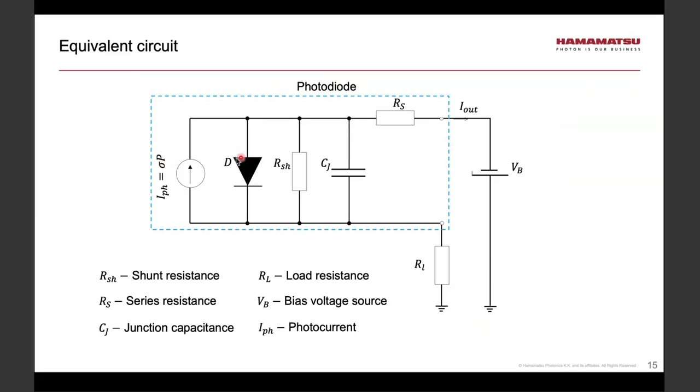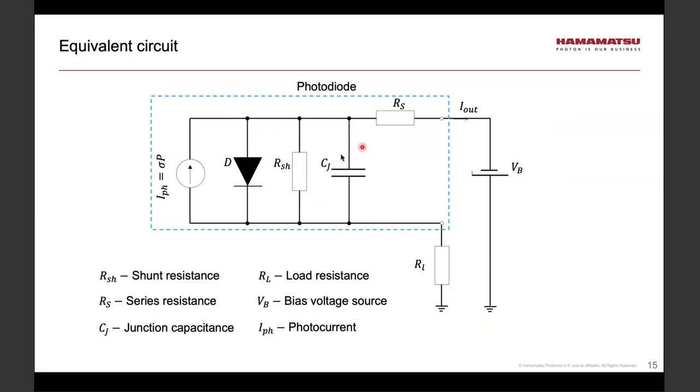D here represents the ideal diode described by Shockley equation. This is a shunt resistance, which represents resistance of the depletion region. The larger it is, the better it is. However, it does depend on the bias voltage and also on temperature.